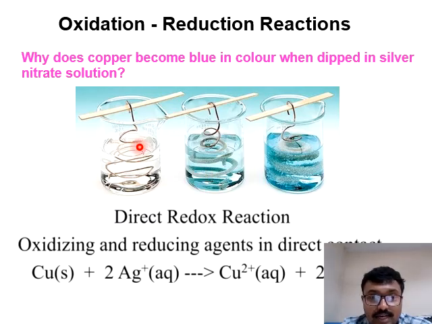You can see initially this copper rod, and next we see deposition of metallic silver around the copper rod, because of which it becomes this type of white color. So this is an example of an oxidation reduction reaction where copper is giving electrons and silver is accepting electrons. Which one is the oxidizing agent? Here the oxidizing agent is Ag+ and the reducing agent is copper.